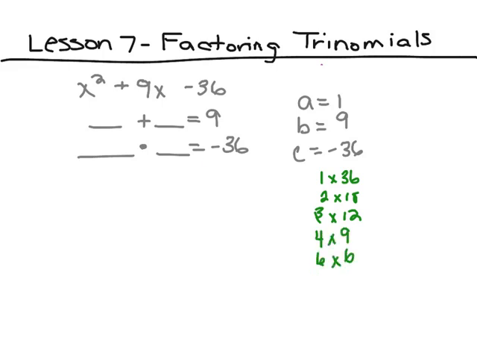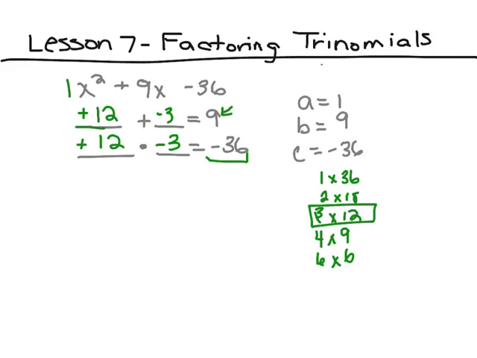Because this is a negative, we want one positive and one negative. So what numbers can you take that you subtract to get 9? If you take 12 minus 3, you would get 9. Because 12 is our bigger number and our answer is positive, we want positive 12, subtract 3.